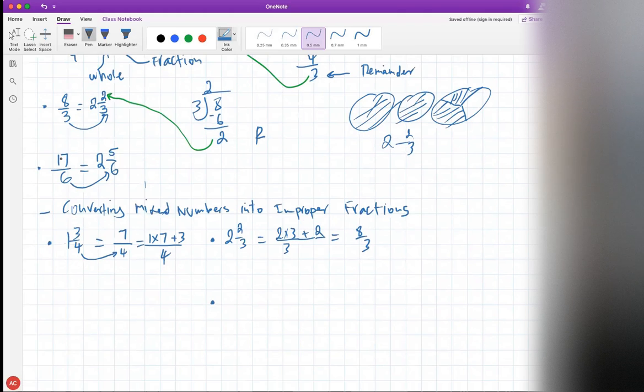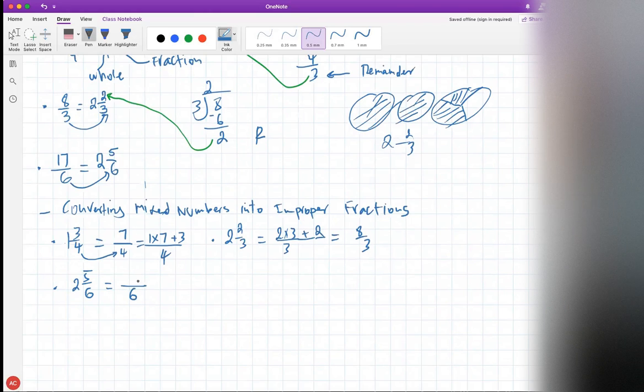Let's go back from mixed to improper. So we have 2 and 5/6. We're going to turn this back into an improper fraction. Again, the denominator remains the same.